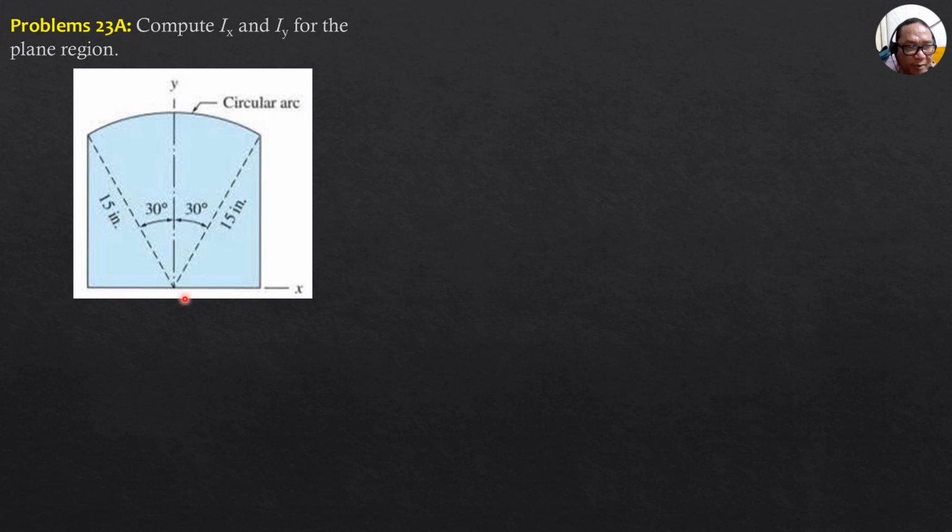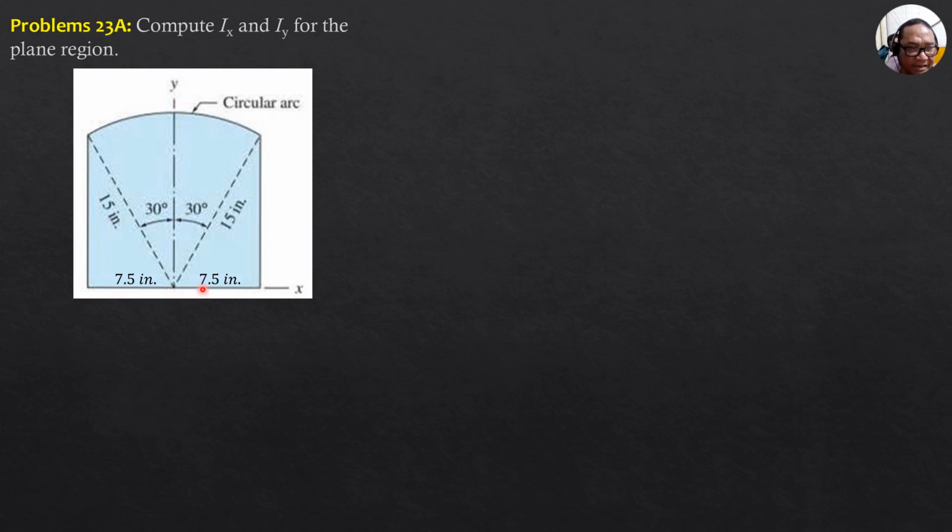While for the moment of inertia with respect to the x-axis of these two triangles, it is base height cube over 12. And there are two, so we multiply it by 2. So Ix of the plane region therefore is Ix of the two identical right triangles plus Ix of the sector.